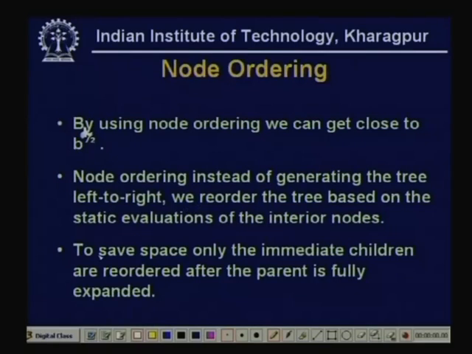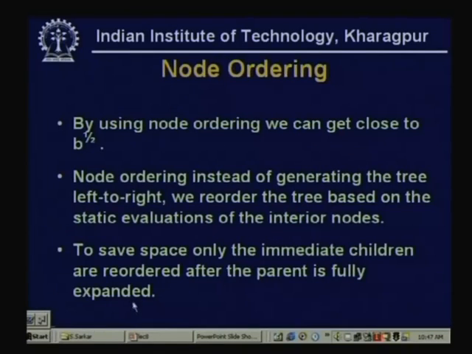So, the effective branching factor would become root b. So, in node ordering, instead of generating the tree left to right, we reorder the tree based on the static evaluations at the interior nodes. So, at every node, we look at the children, we apply static evaluation on the children, and according to the value of the static evaluation, we order the nodes.